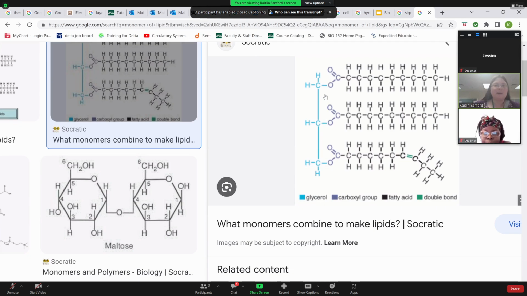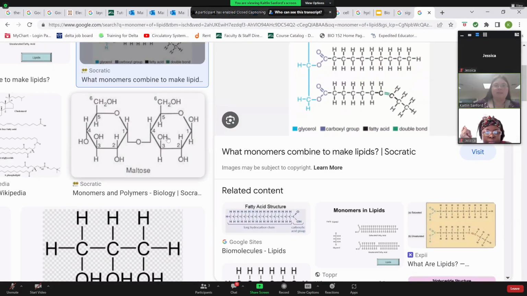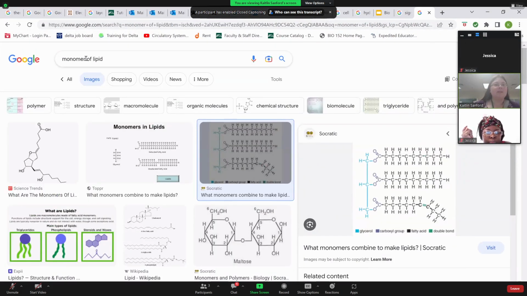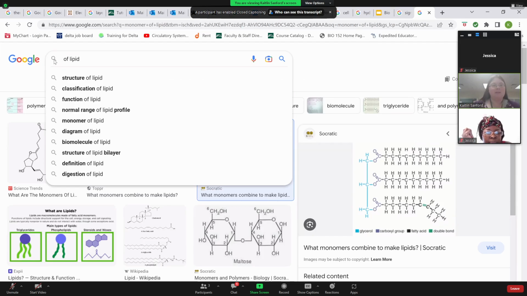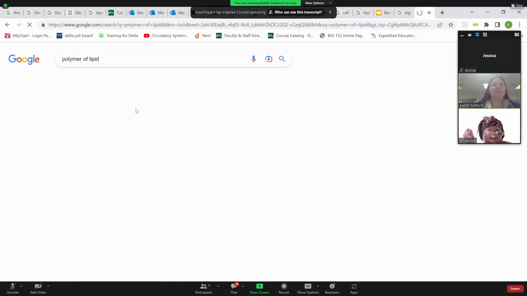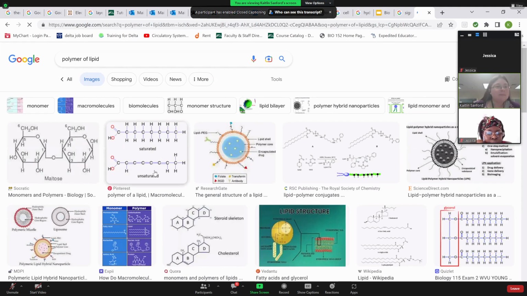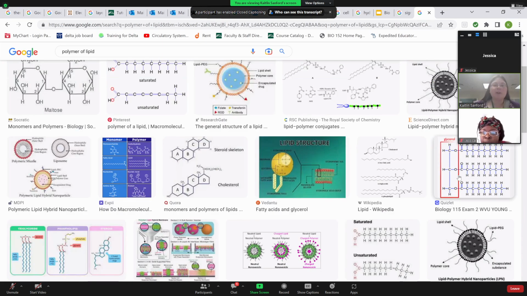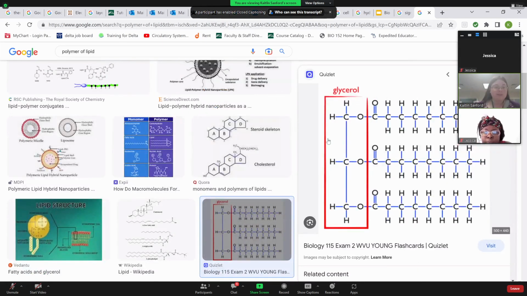Here's a glycerol backbone and the three fatty acids coming off of it. You're going to see this is a monomer, but you'll see a bunch of them together if it's a polymer.